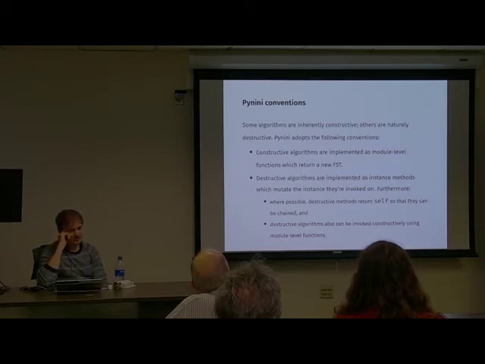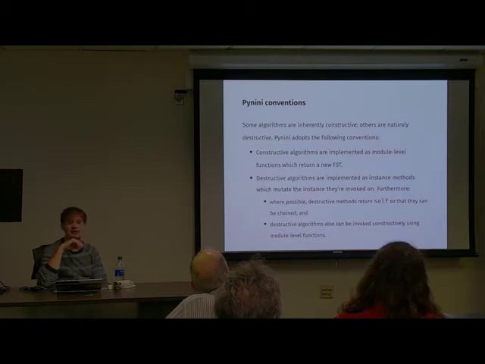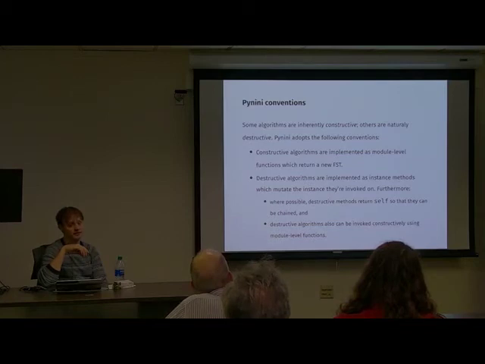Destructive algorithms, the ones that actually mutate the FST, are implemented as instance methods, and of course they just mutate the instance they're invoked on. So, for instance, there's an algorithm called connect, which removes non-accessible and non-coaccessible states. That just walks through the machine, finds states that can't be visited from any other state, and deletes them. That's implemented as an instance method.